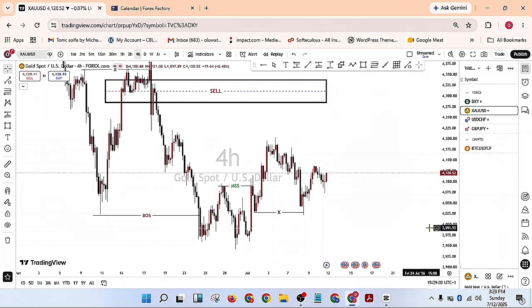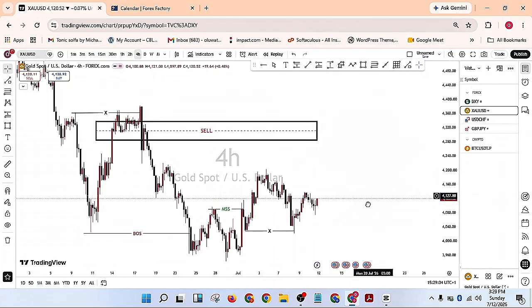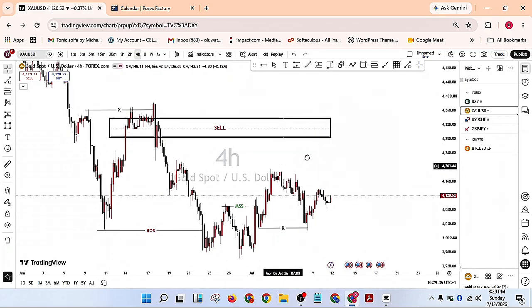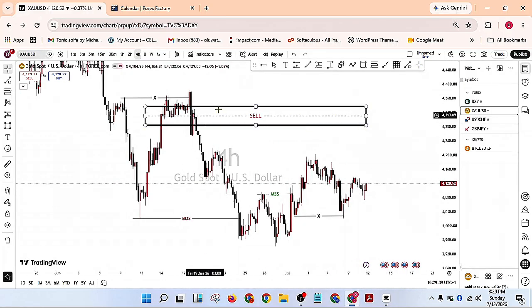The general trend is sell. If price gets to this zone, I will sell without confirmation, as long as my stop loss is above here, because any high that sweeps liquidity before breaking structure is a strong high.